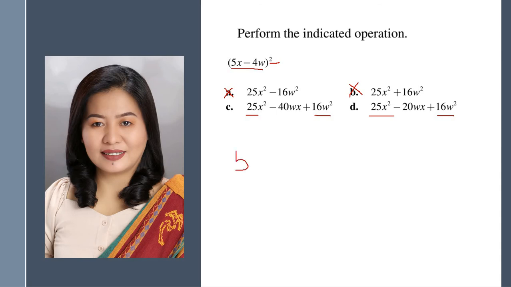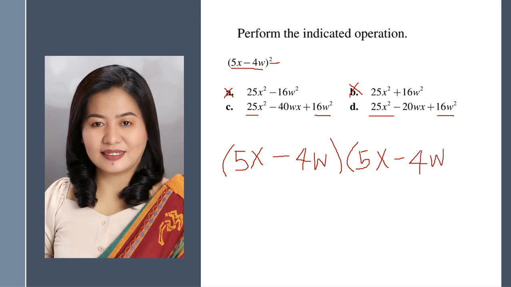So all we need to do is take out, for those who can visualize, 5x times 4w. For those who like visualization, I'll be writing it, but I'll also be showing you a technique on how to solve it directly without doing this process.